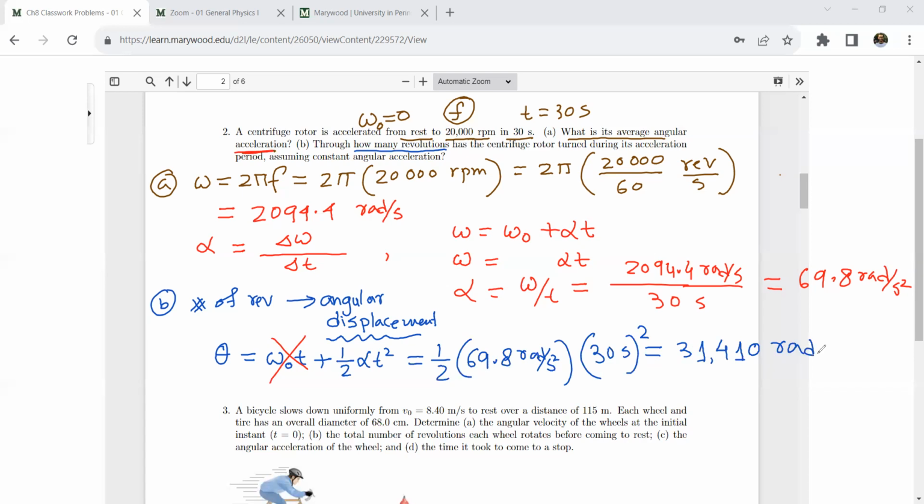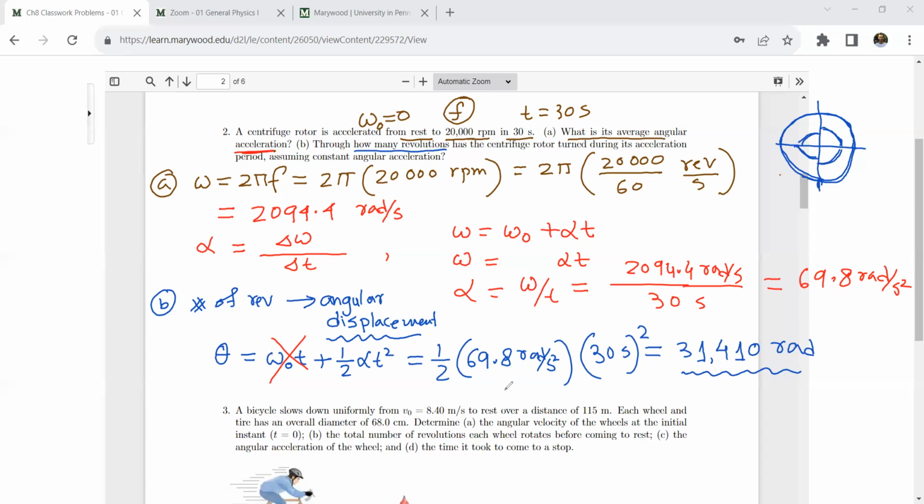But the question asks us to calculate the number of revolutions, so we have to convert this radian to a number of revolutions. For each turn, each revolution, it travels 2 pi radian. This is half pi, this is pi, another half pi, another half pi. So the total radian it travels is 2 pi.